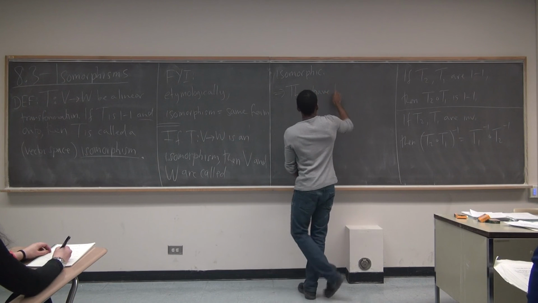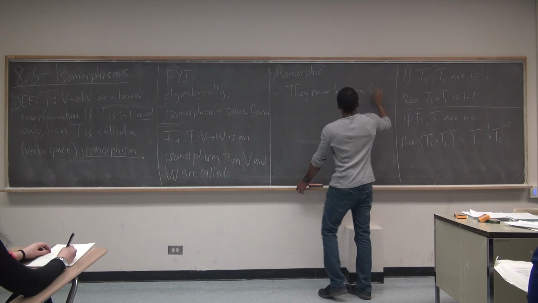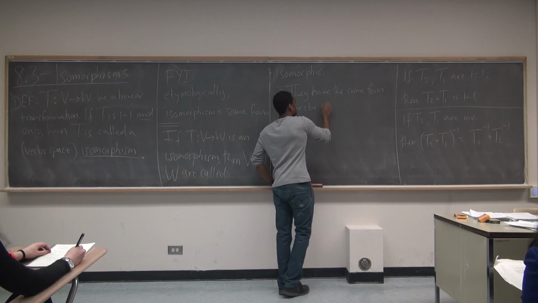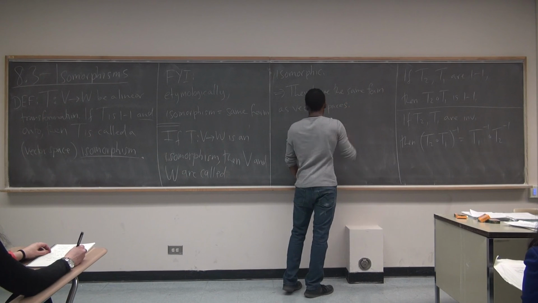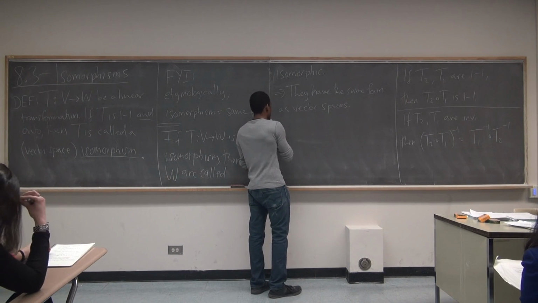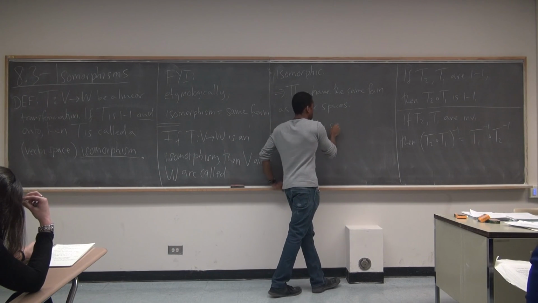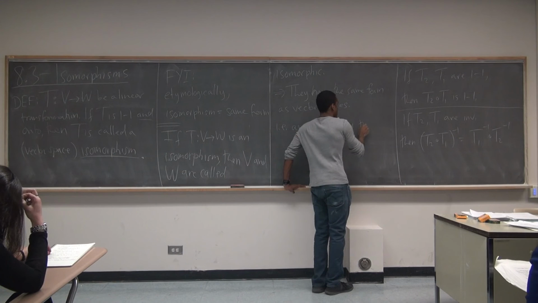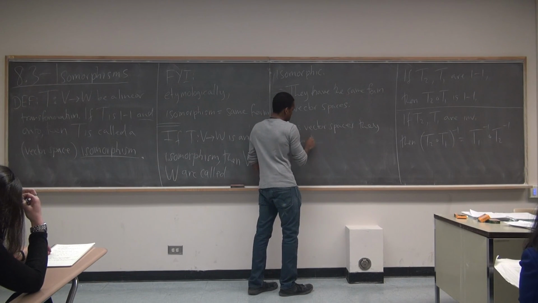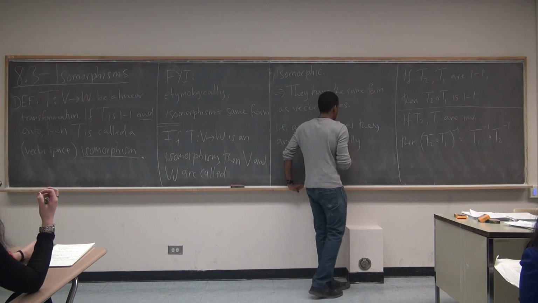They have the same form as vector spaces. V and W as vector spaces are mathematically indistinguishable.